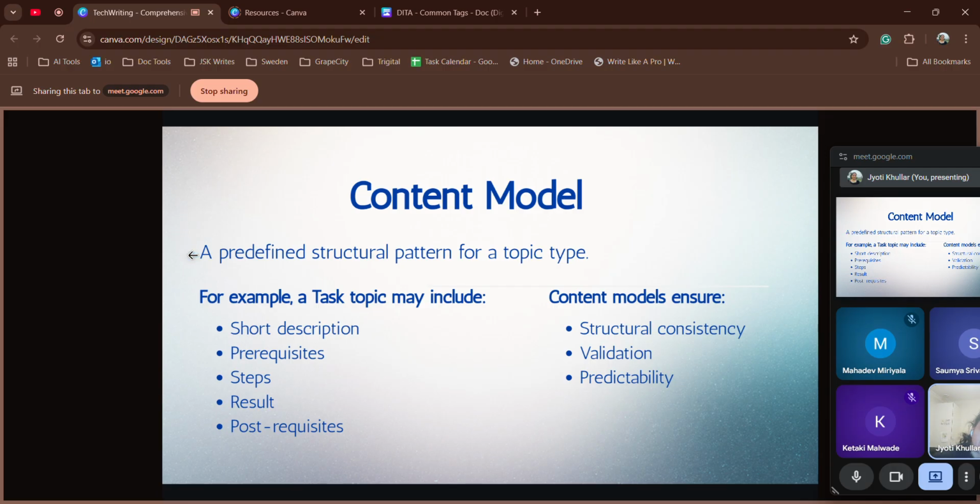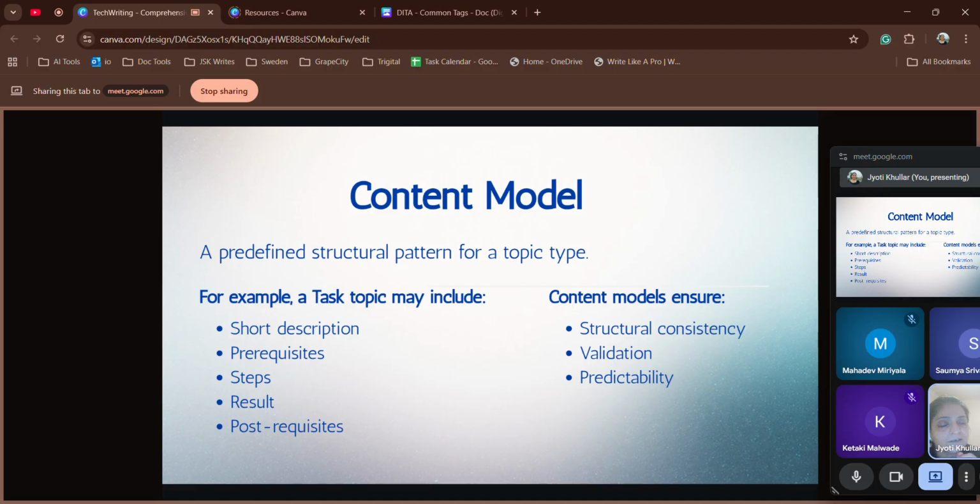Content model is another term that comes here. Again, a predefined structural pattern for a topic type. So, for example, a task topic will include a short description. It will require prerequisites. Short description will tell you what this topic is all about, right? What are you going to tell in that particular how-to task, right?